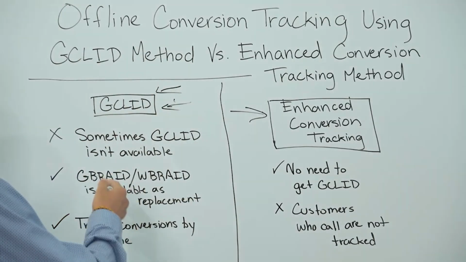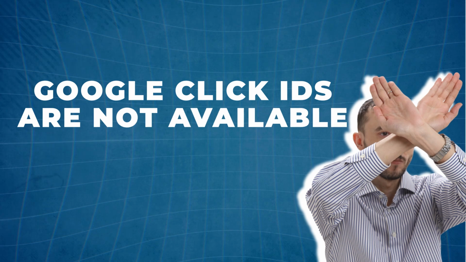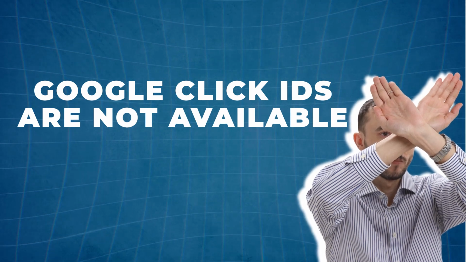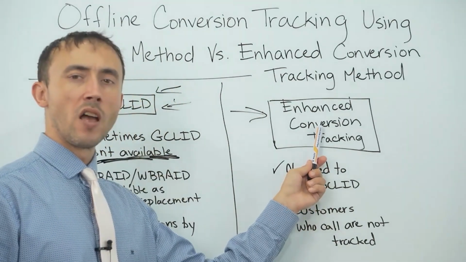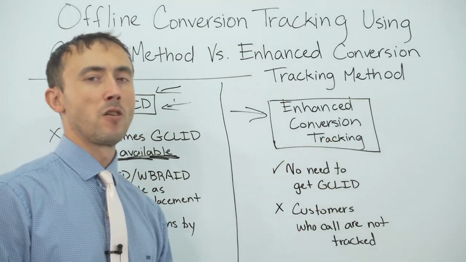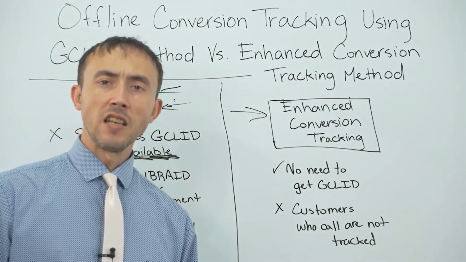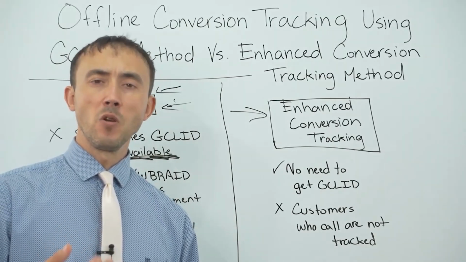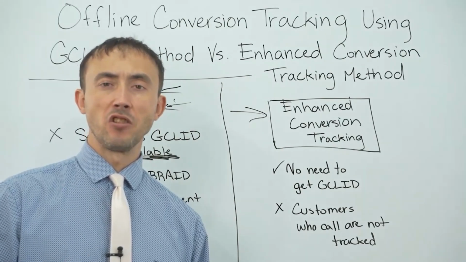But before I do, on the Google Click ID side, sometimes Google Click IDs are not available. This has been a somewhat recent thing, which is why people have been steered artificially to do enhanced conversion tracking setups to track offline conversions. The Google Click ID is not there if users are on an Apple device, on some Apple devices, I should say.